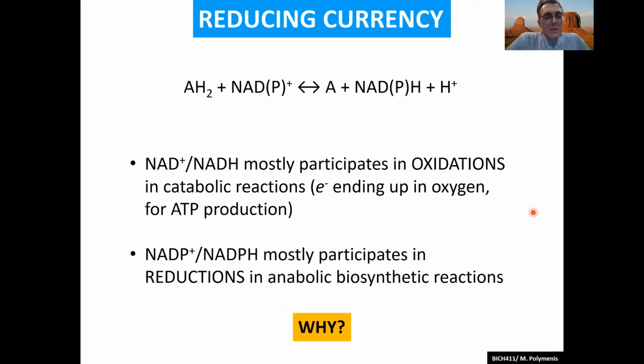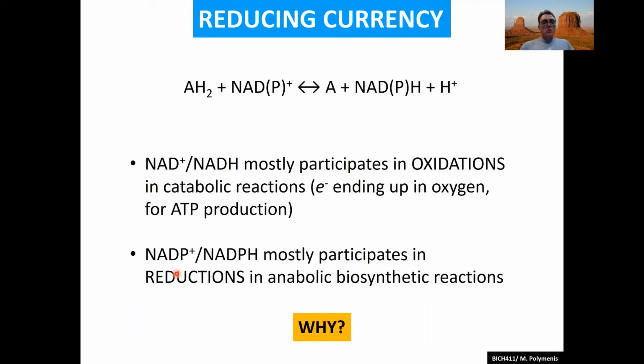But there's something interesting that happens in cells. It's not 100% of the time, but in the vast majority of cases, NAD and NADH mostly participate in oxidations. Now, as I told you, NAD and NADP are identical redox-wise, yet we find the unphosphorylated version, NAD, participating most of the time in oxidations, and we find the phosphorylated version, NADP, participating in reductions.